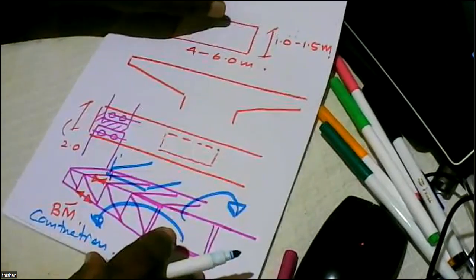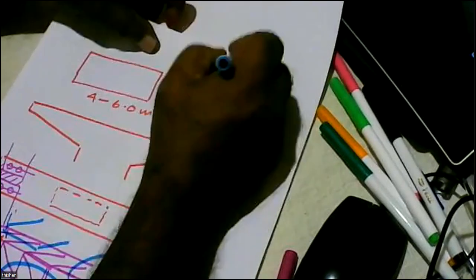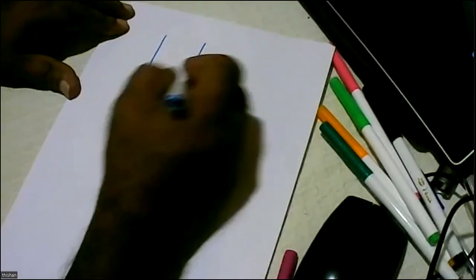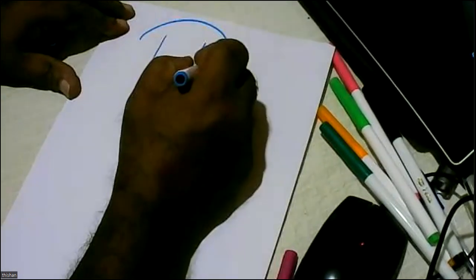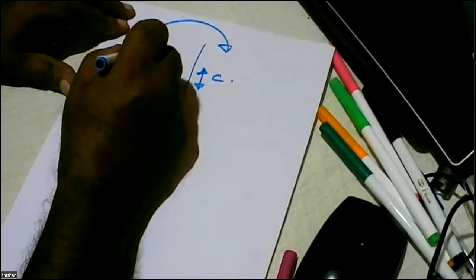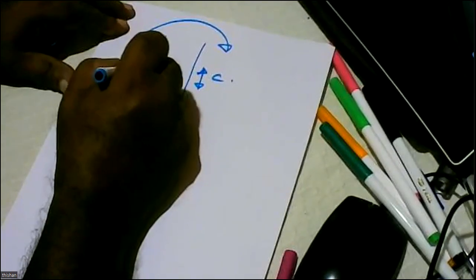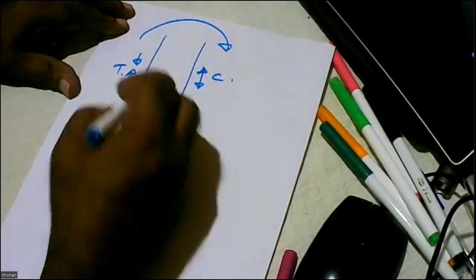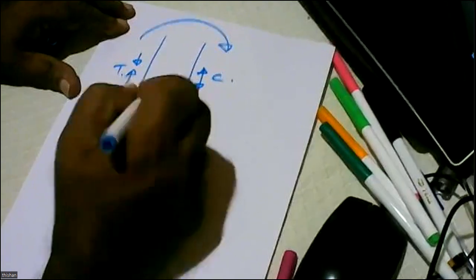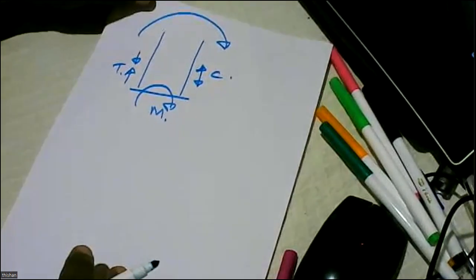Because when you have a moment in a structure, what will happen when there are two elements like a truss, and then you have a moment, this will go into compression, this will go into tension, and then you can easily work out how much moment is transferred here. So there are easy calculations that you can perform.